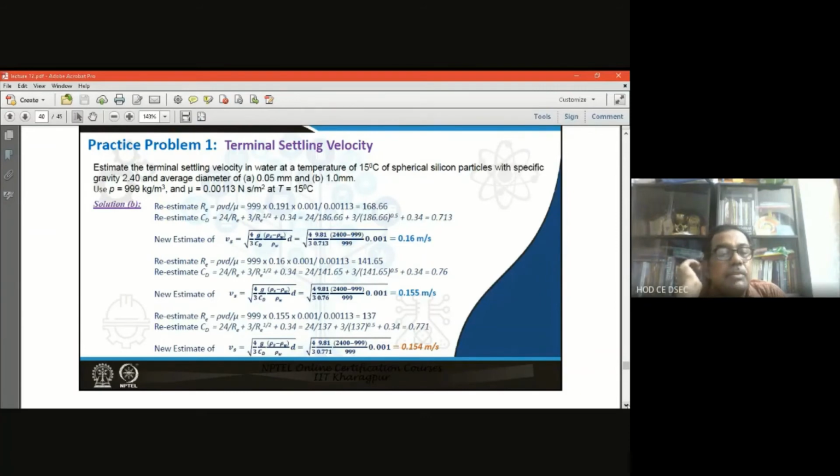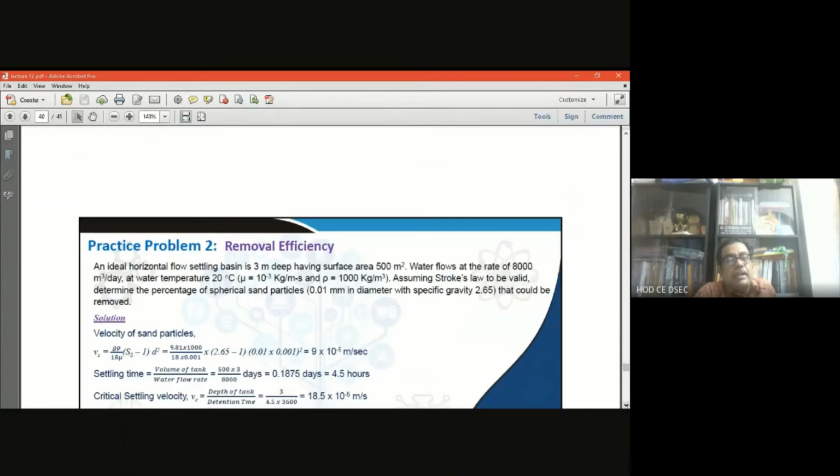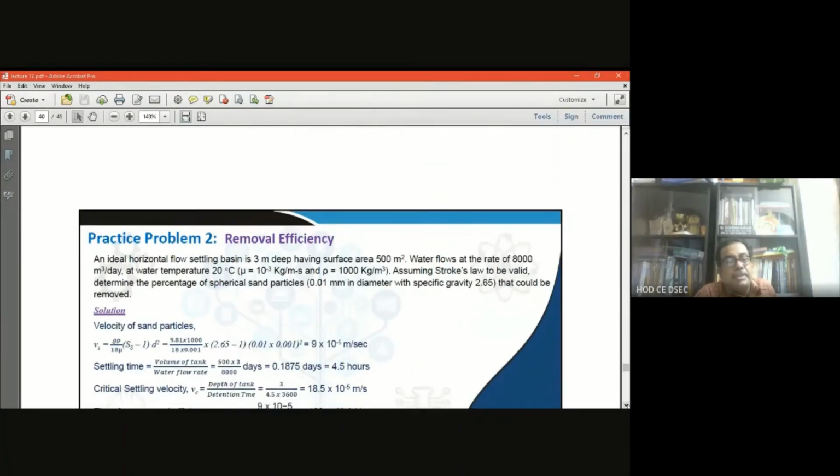Reynolds number is greater than 1, so you have to calculate the CD, that is the drag coefficient, applying the formula 24 by Re plus 3 by square root of Re plus 0.34. Then you put that CD value in for the Vs value, and you calculate 0.16 meter per second. This is the same theory, and you have to take care of this problem in a similar nature.